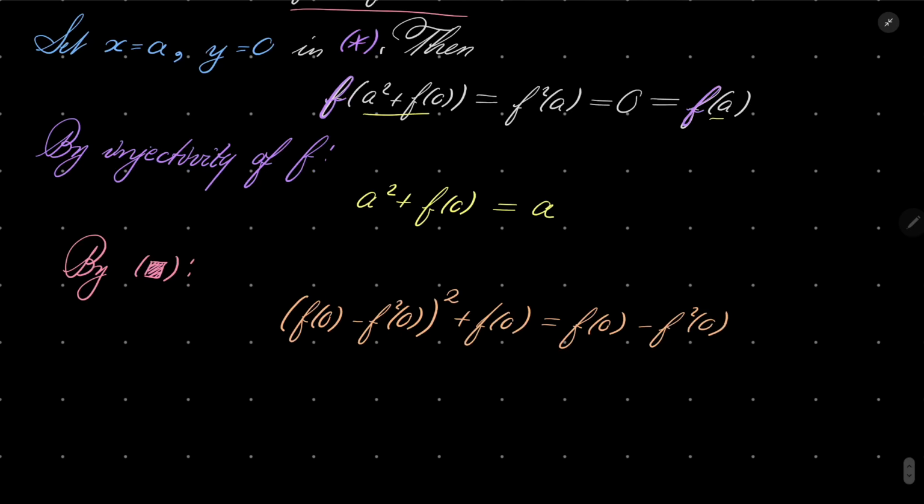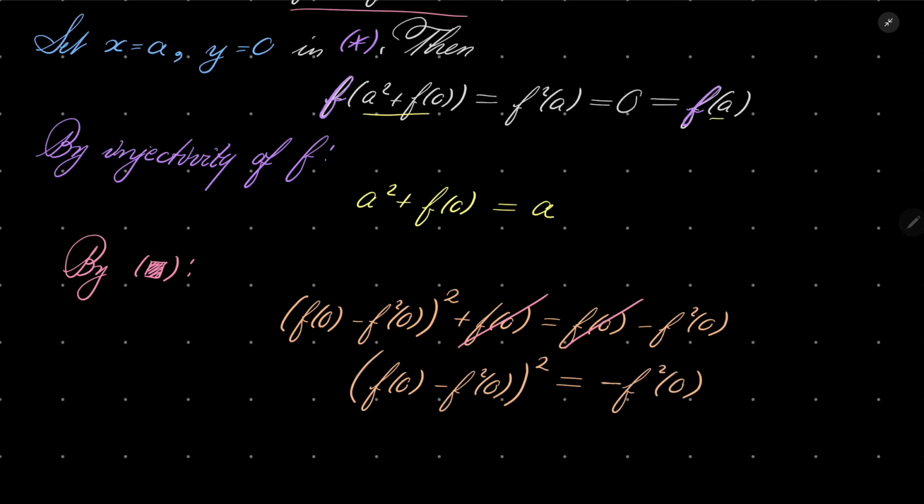And now some cancellations. Here cancels with that. And we have the following. f of 0 minus f squared of 0, squared, equals, pay attention, minus f squared of 0.